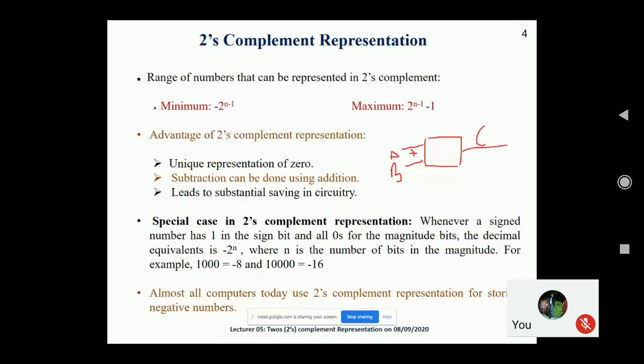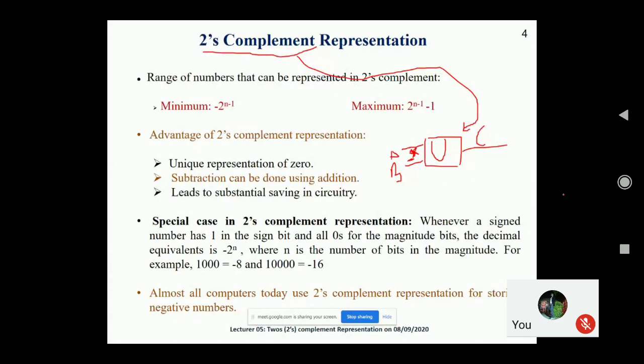Remember one thing: this is the circuit for A plus B, and whatever output is coming, it is coming in the form of C. The same circuit concept we are using for subtraction also. No separate circuit is required. Suppose instead of plus we use minus here, we are using the same circuit based on this 2's complement and 1's complement.